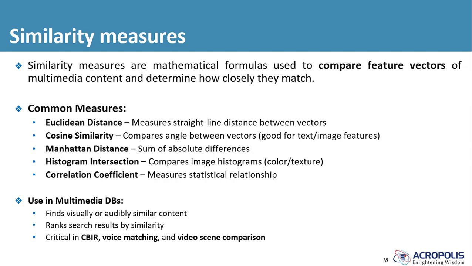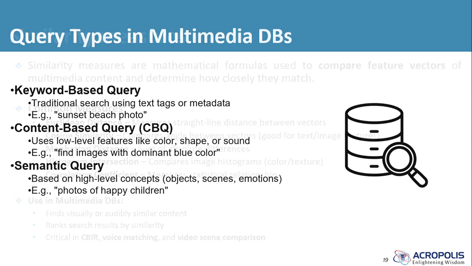Similarity measures are mathematical formulas used to compare feature vectors of multimedia content and determine how closely they match. Common similarity measures are Euclidean distance, cosine similarity, Manhattan distance, histogram intersection, and correlation coefficient. These are used in multimedia databases to find visually and audibly similar content.